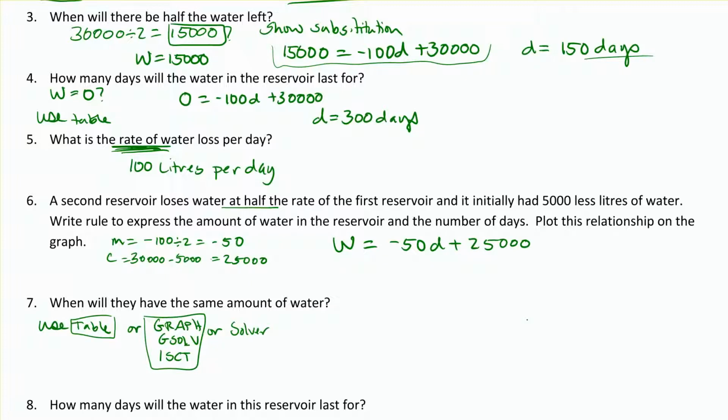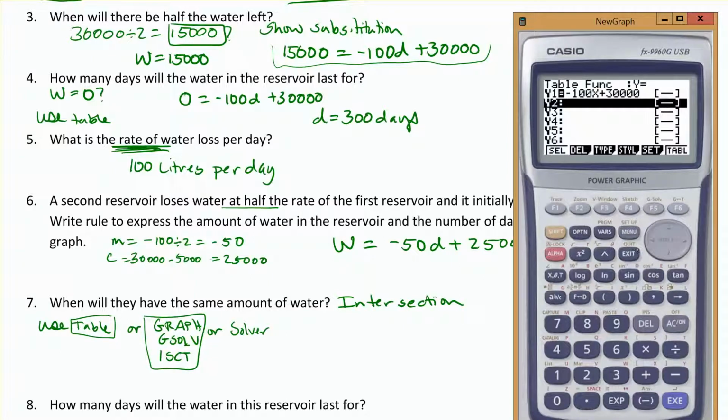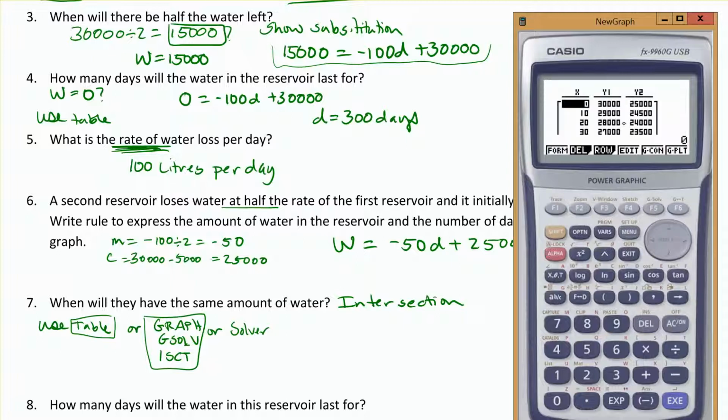So, next thing that we can use for finding when they have the same amount of water, remember this is when we're looking for the intersection where the two lines cross. So the intersection using your calculator, couple of ways to do this. I can do this in table if I just enter in the second equation, negative 50 x plus 25,000. So I can put more than one equation in, go to table, and I'll see them both show up there.